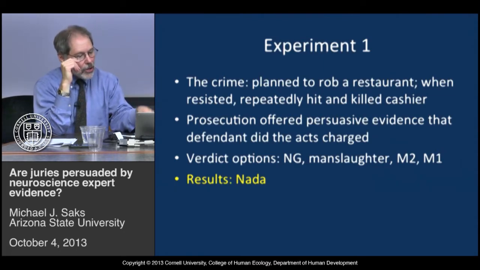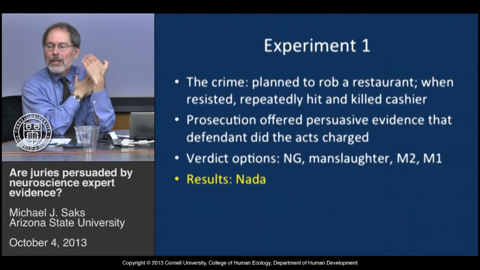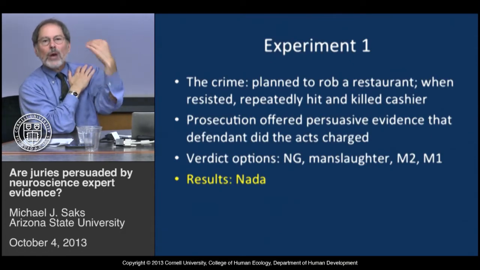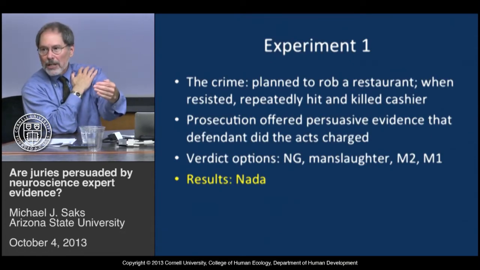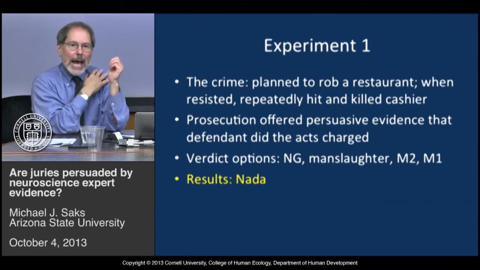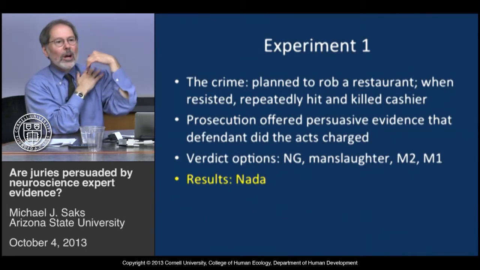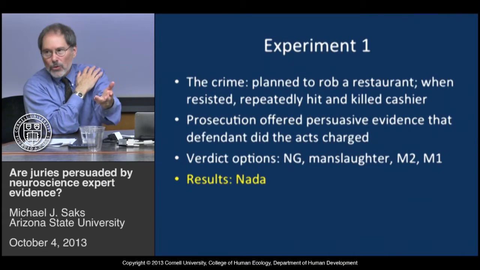For murder I'll work my way up. For manslaughter, you have to have recklessly disregarded a conscious risk that your action could kill. For second-degree murder, you have to have intended the death or have been extremely reckless.